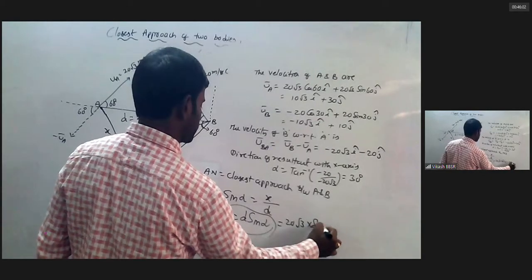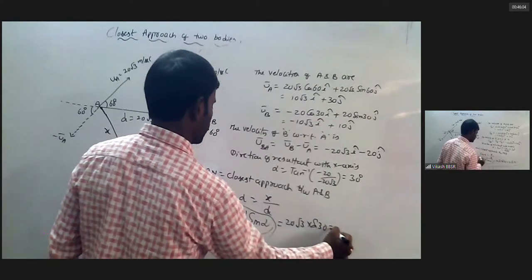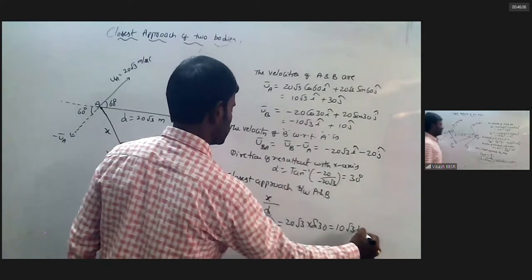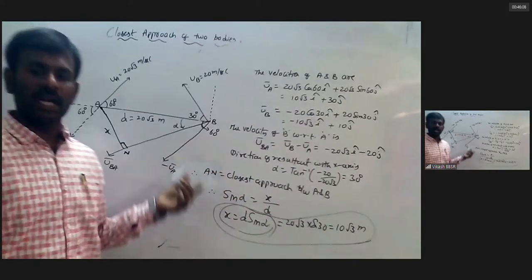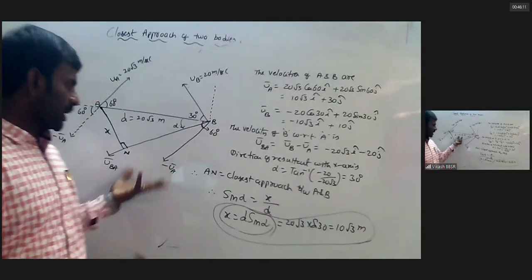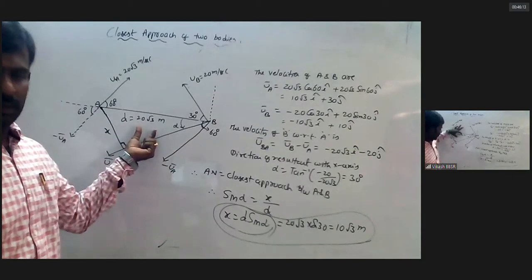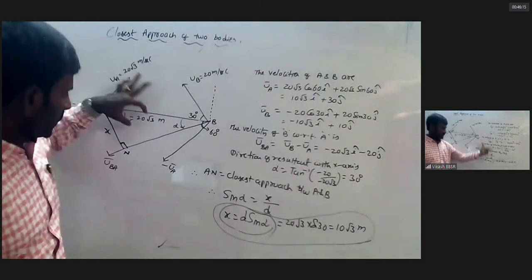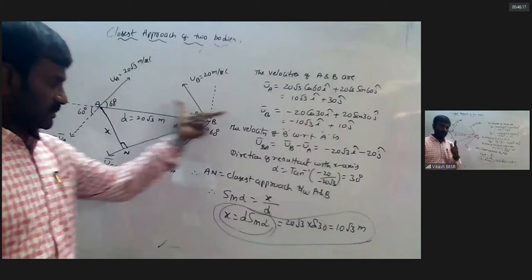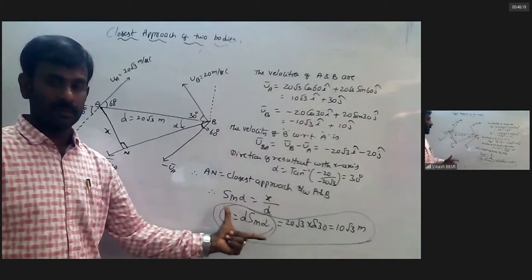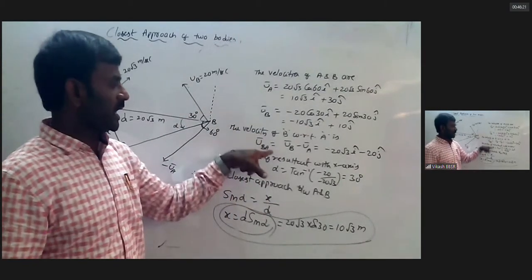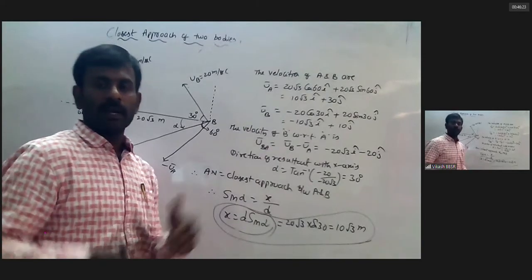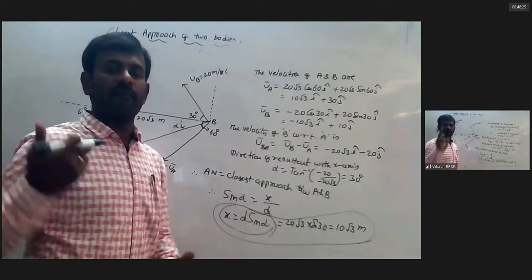How much is the answer? Maybe the numbers will change: 100, 200, 300, 50 root 3, like that. No problem. You have taken UBA bar; I take UAB bar. I give you that one also.